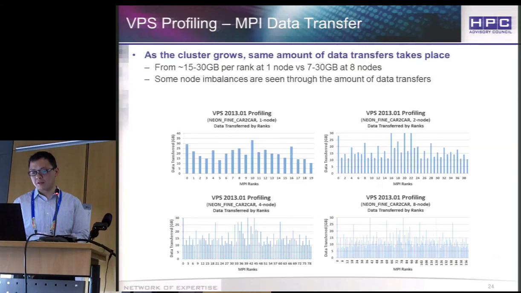We are decomposing the one node case and two node case to see how much data is passed around for each rank. Obviously there seems to be some imbalance, with some nodes spending more time or transferring more data to the other ranks.